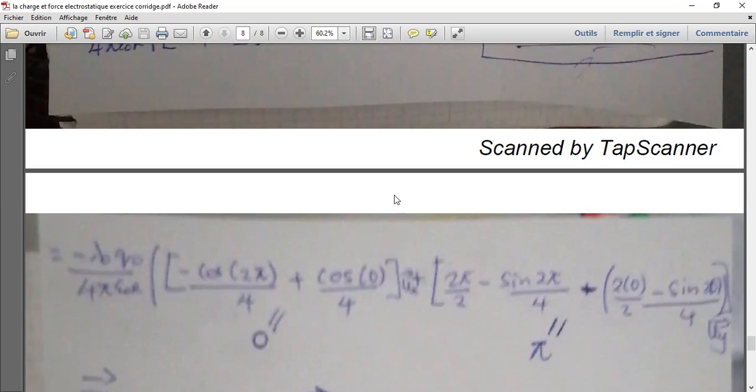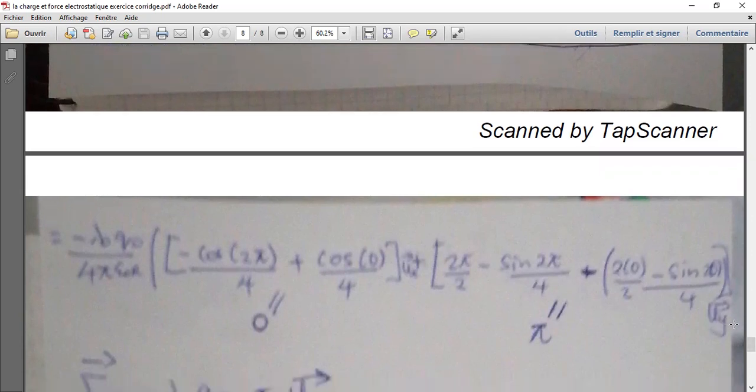So this whole thing here, your ux, is 0. That's why I've written here equals to 0 plus, then this will be 2 pi divided by 2 minus sine 2 pi divided by 4 minus 2 0 divided by 2 minus sine 2 0 divided by what? 4.